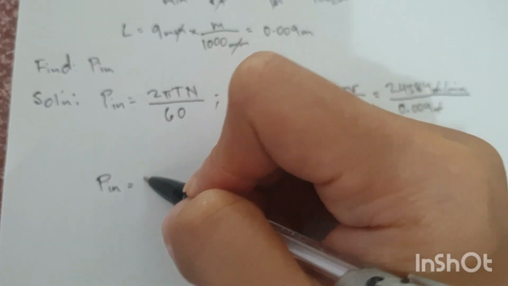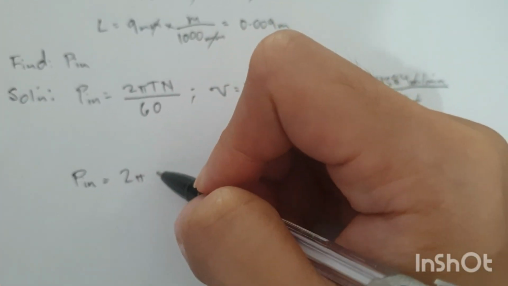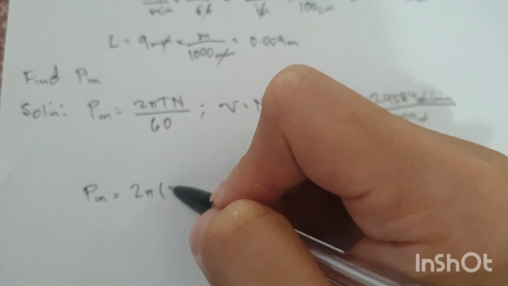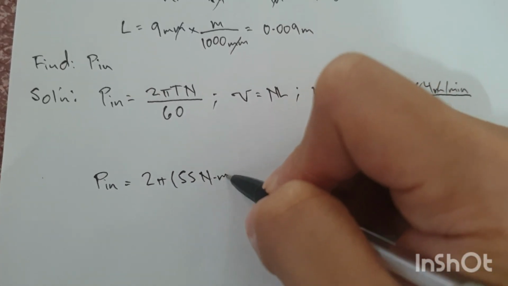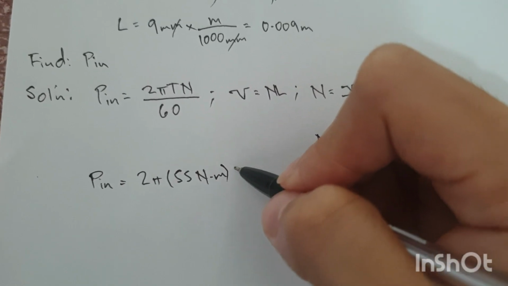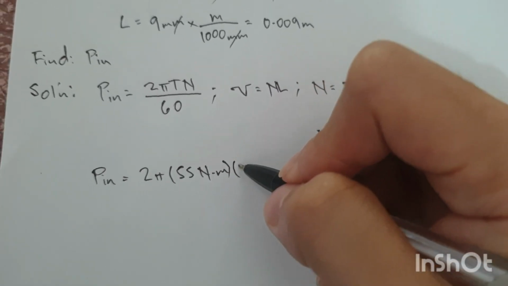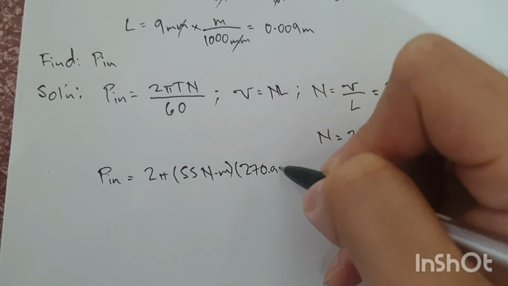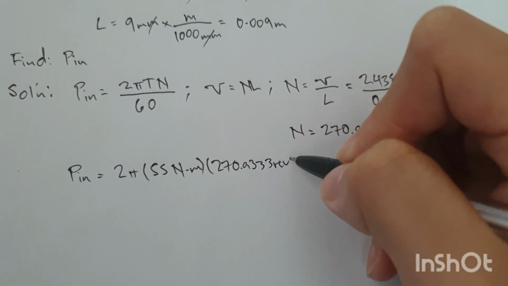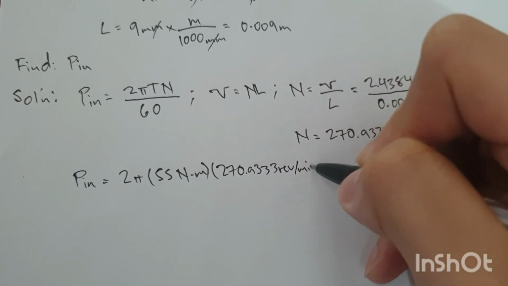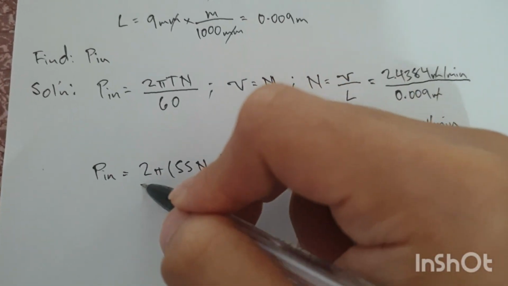P in is equivalent to 2 pi times T, which is 55 Newton meter, times our N, which is 270.9333 rev per minute, divided by 60.